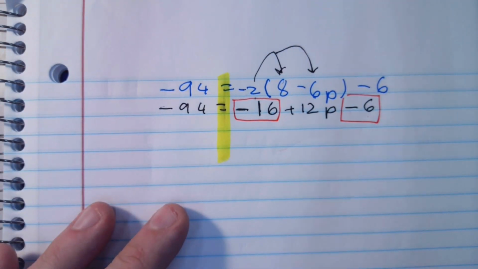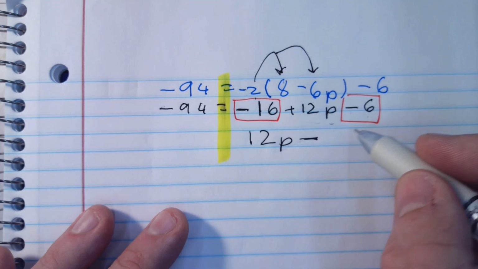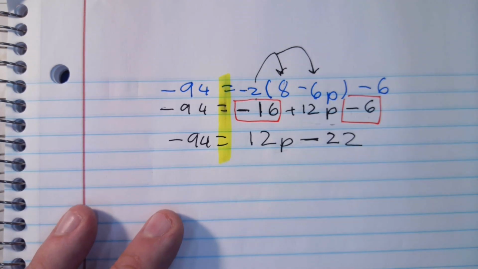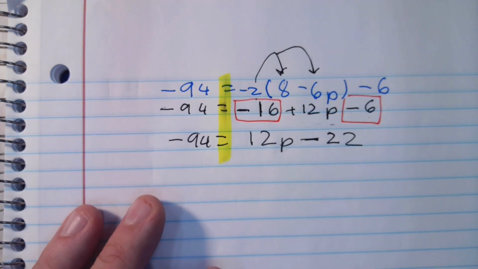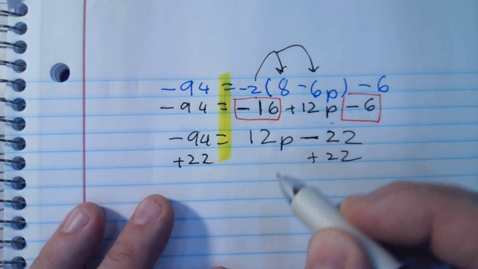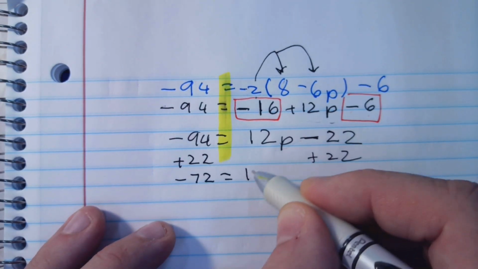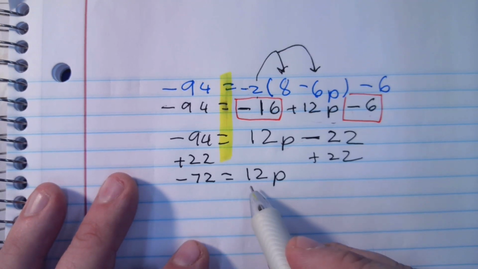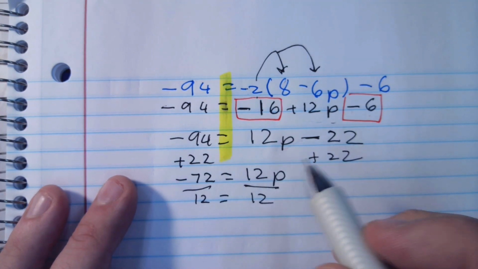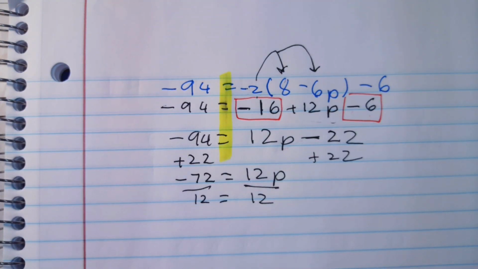So we're going to end up with 12p minus 22. Plus 22, plus 22. Hopefully that's a negative 72. Is that right? Check me. And then hopefully I can divide by 12, and hopefully I get an answer that is good.